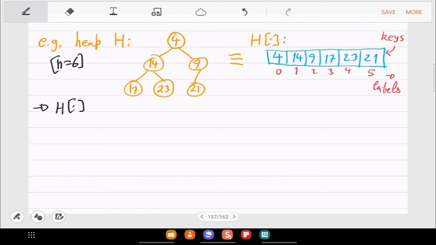So h is an array storing a heap, and n will be the size of the heap.